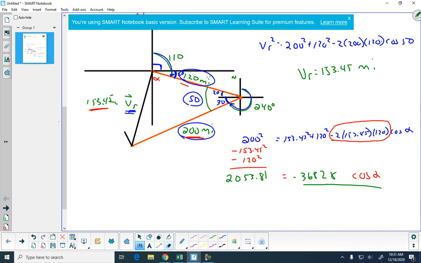And we can divide by the negative 36.828, which will cancel those out, and then take the inverse cosine. And what you come down to is an angle of 93.2 degrees.